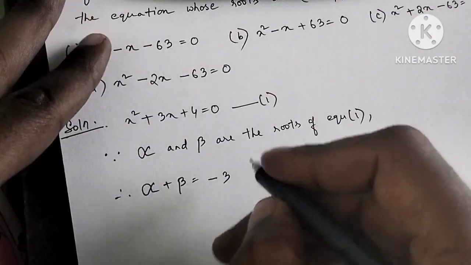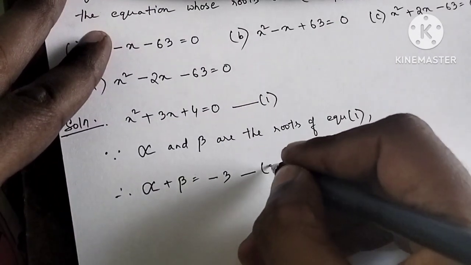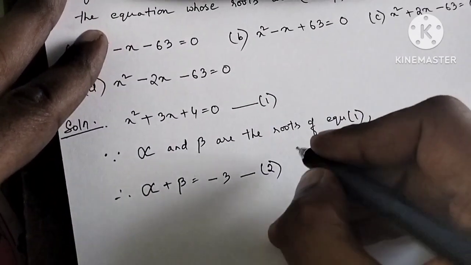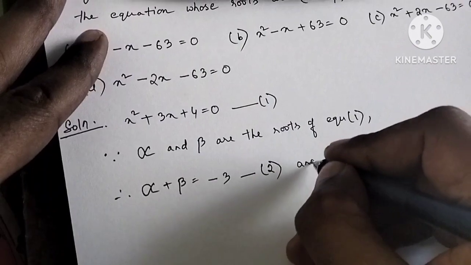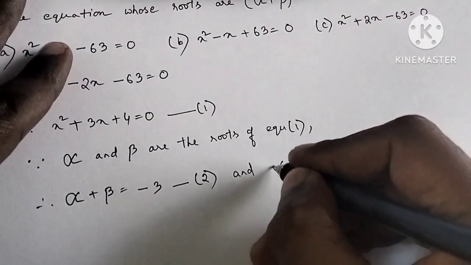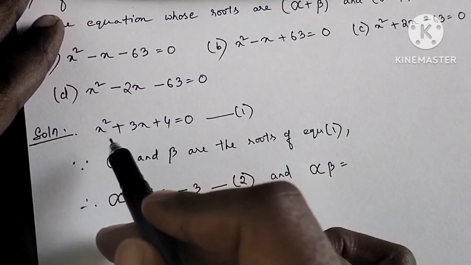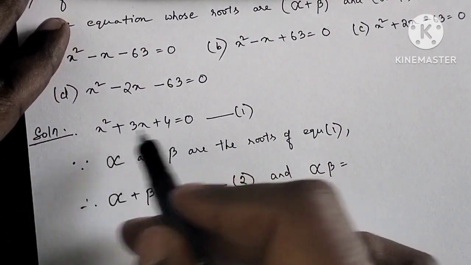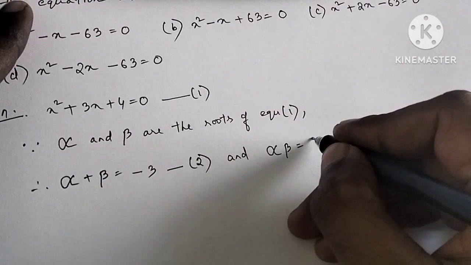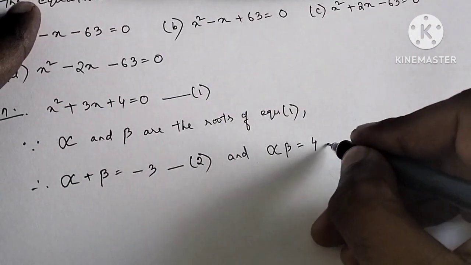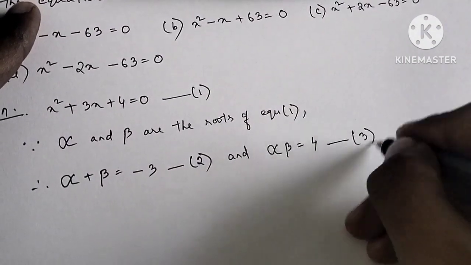Alpha plus beta is minus 3, so name it as equation 2. And alpha beta, the product of the roots, will be c by a, 4 by 1, that is 4. So name it as equation 3.